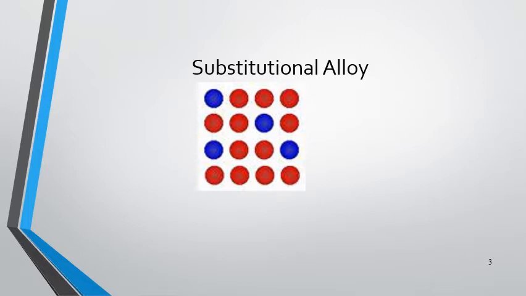If you think of another type of ball that's similar in size, you could go with a racquetball, you could go with a baseball. If I had that box filled with tennis balls, and I took a few of the tennis balls out and replaced them with either the baseball or the racquetball, that would be an analogy that you could use for the substitutional alloy. The baseball and tennis ball are a similar size, so they could easily replace one another in that sample.